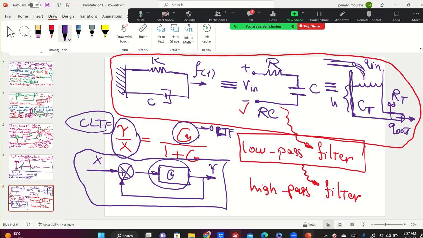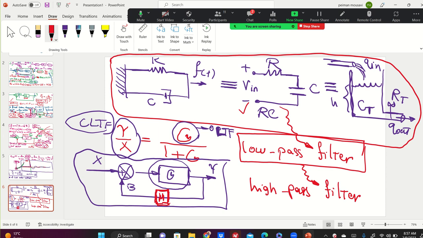So this is unity feedback, because we said that there is no sensor here. The sensor is ideal. So when I remove the sensor from here, this signal B equals Y. So this is unity feedback. If you put a sensor here, like H, and say that my sensor has some noise, it doesn't transfer exactly Y to be compared with X. So B and Y are different, and this is not unity feedback.